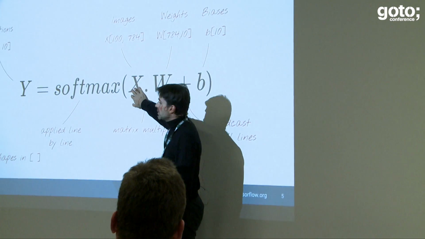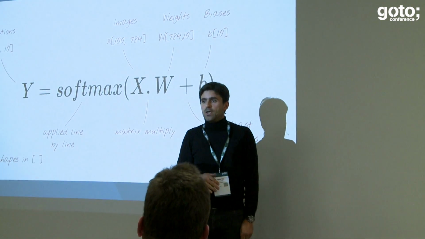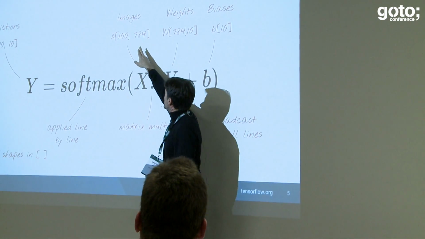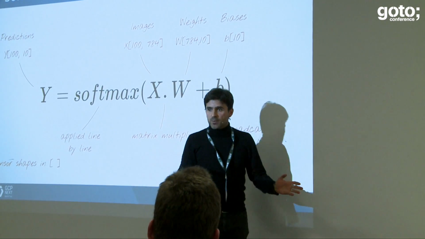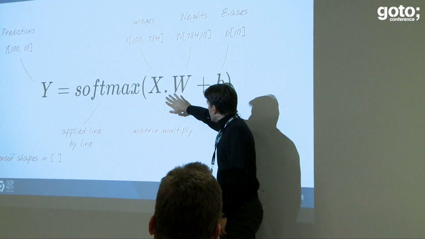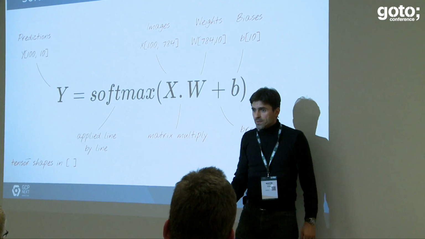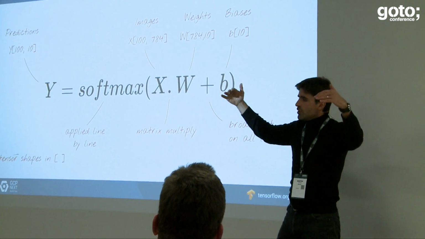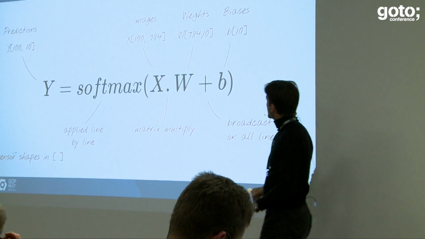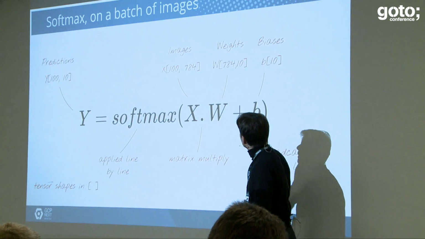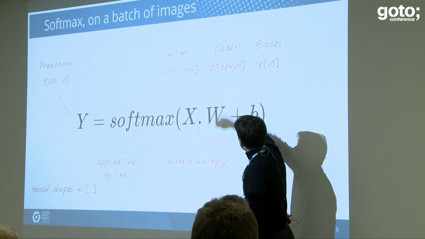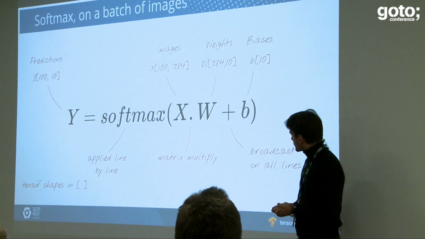Here we have our 100 images, one image per line. Each image is 28 by 28, which is 784 pixels. We multiply it by our weights, which create for each image our 10 weighted sums. So here we have, again, 784 times 10 weights.